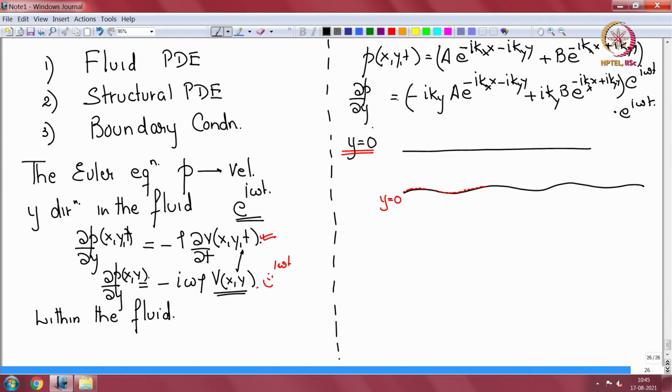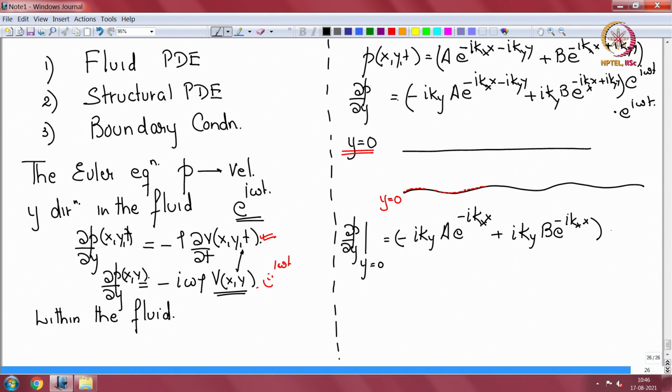So del P del y at y equal to 0 gives me minus I k y A e to the power of minus I k x x plus I k y B e to the power of minus I k x x.